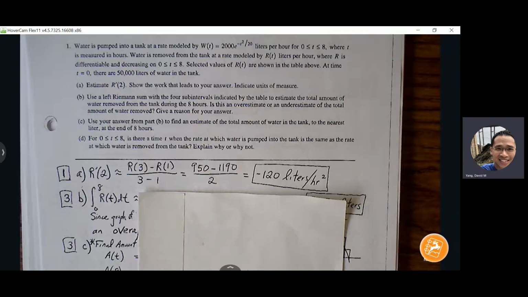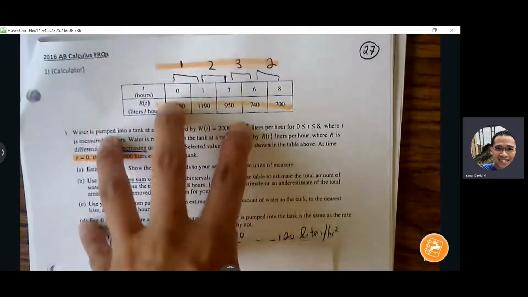All right, part B. Use a left Riemann sum with 4 subintervals indicated by the table to estimate the total amount of water removed from the tank during the 8 hour period. Is this an overestimate or an underestimate of the total amount of water removed? So, left Riemann sum.